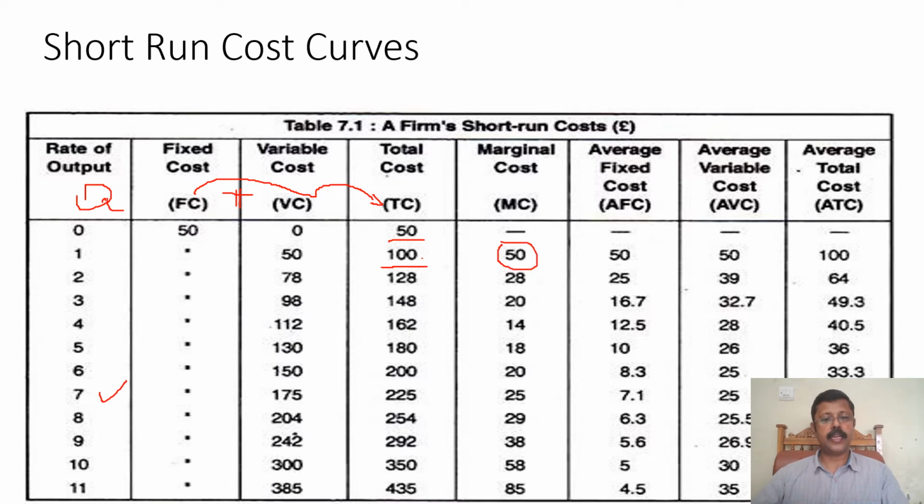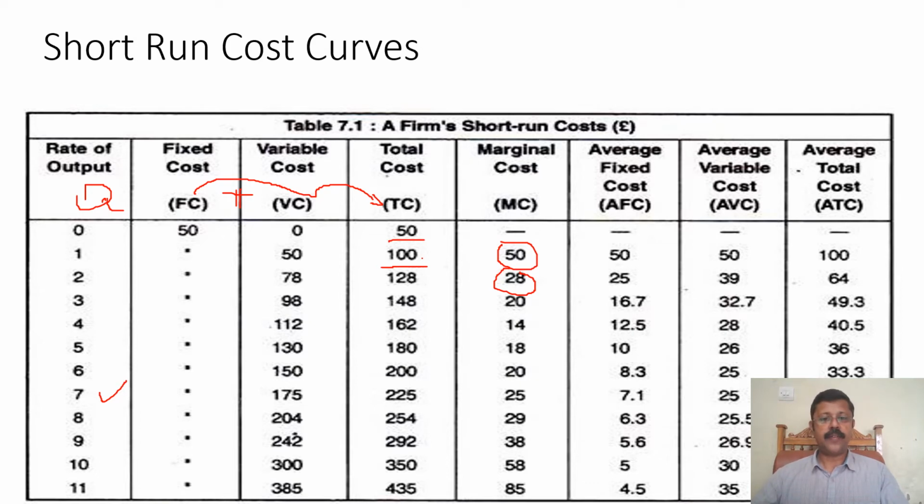Here it is 128 minus 100, that is equal to 28. So marginal cost is the difference between the total costs, right? What about average fixed cost, AFC? So this AFC, AVC and ATC will be the more important terms for solving the case studies. So you need to focus more on these three concepts.